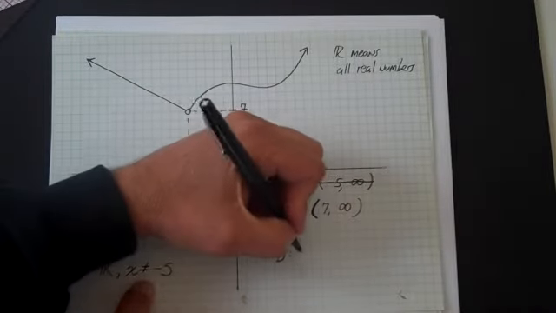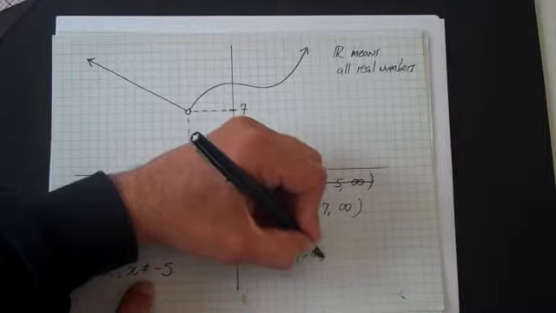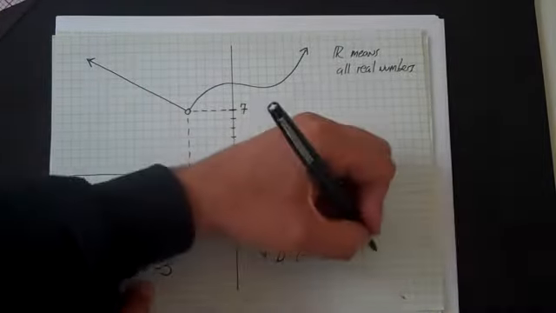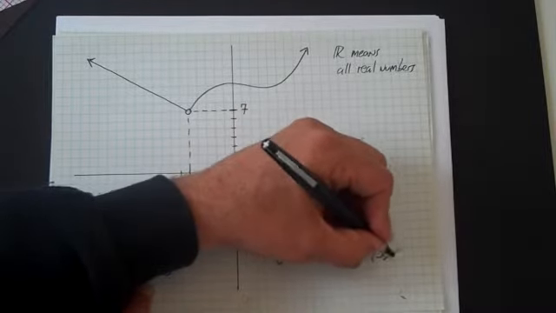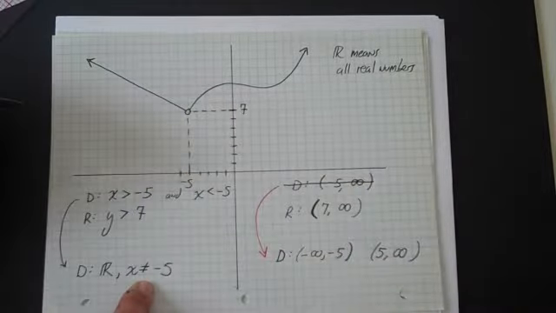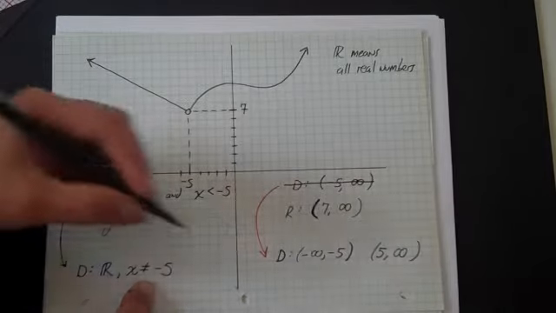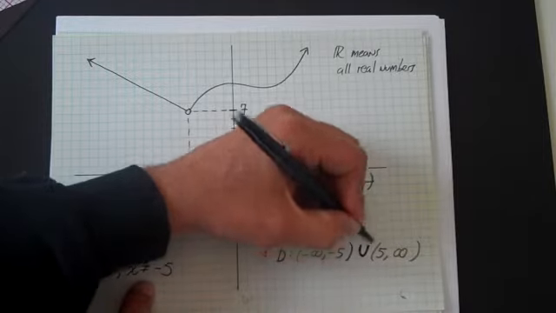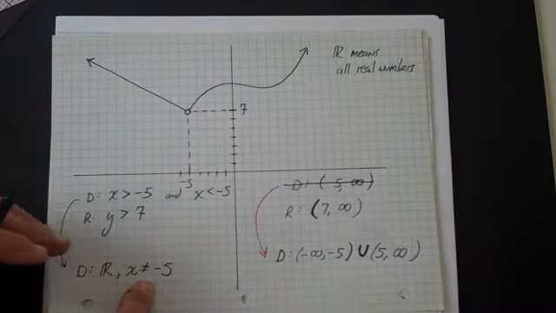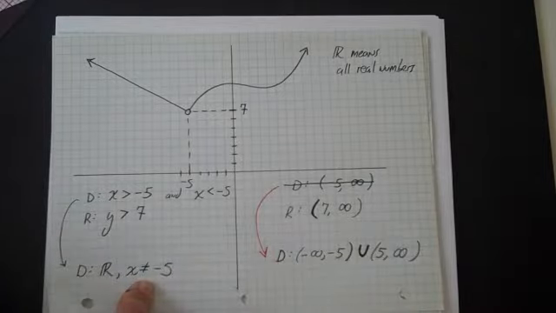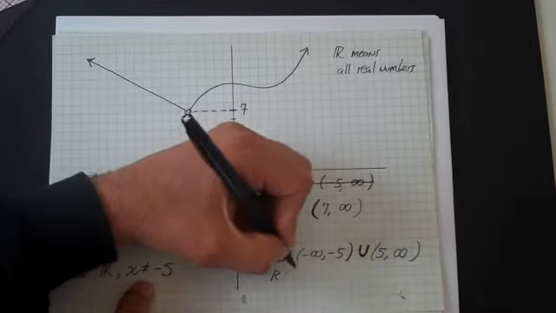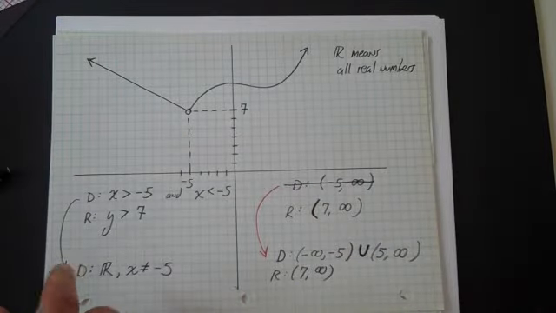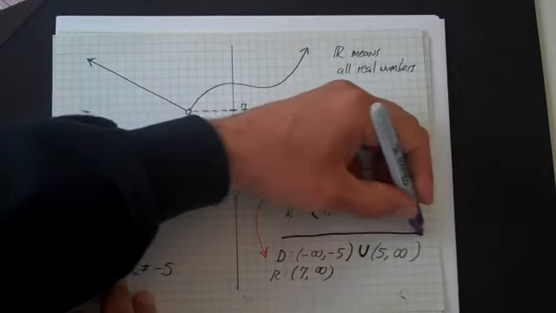Another way to think about that is that it goes from minus infinity to minus 5, stops at minus 5 and does not include it, and then includes everything from minus 5 to positive infinity. Then you can put an and there, or a universal symbol for and, which is the union symbol, like a flattened U. If you don't know that, you can just write and. So this is the domain, and the range is unchanged at 7 to infinity. That would be your answer in interval notation.